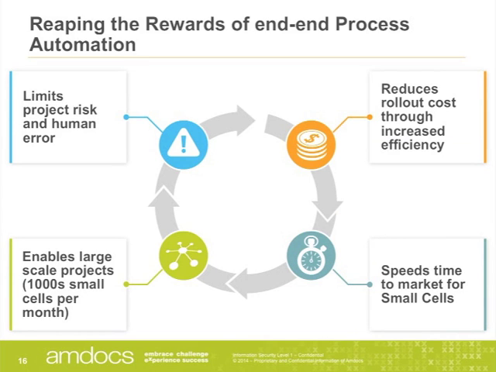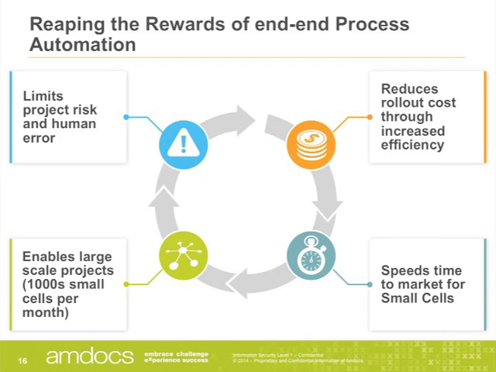So what are the rewards then of an end-to-end process automation approach like this with these process tools? Well, first of all, it reduces the rollout costs through increased project efficiency. If your project can be more efficient, if you make more efficient use of your human resources, you can then reduce the costs to deploy. And it speeds up the time to market for small cells very significantly.